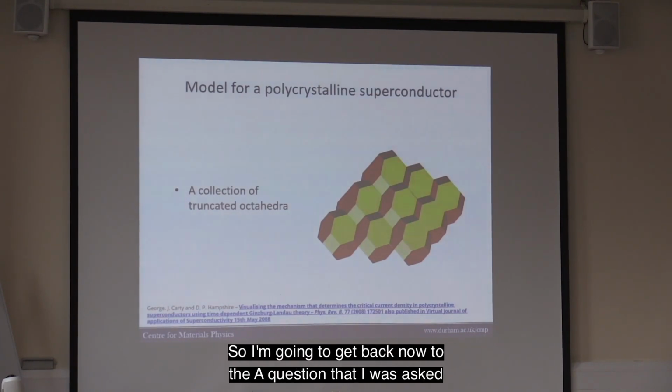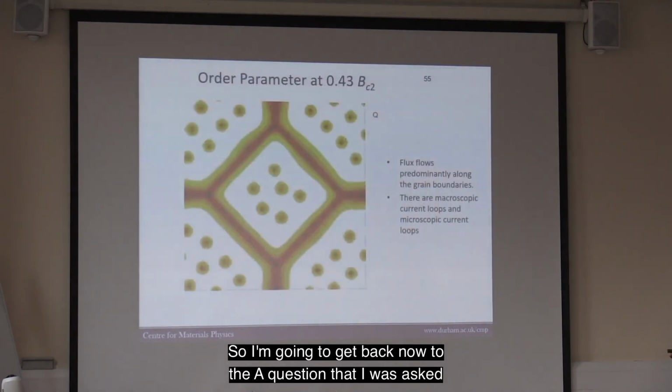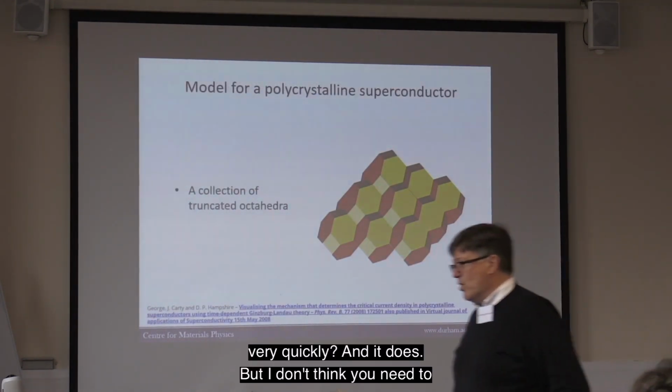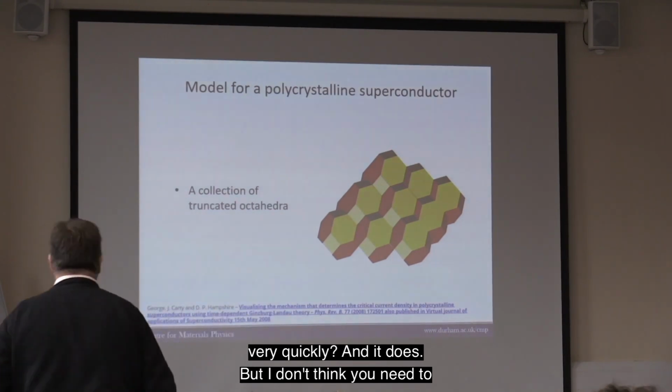All right, so I'm going to get back now to the question that I was asked before about, doesn't this all get complicated very quickly? And it does. But I don't think you need to understand that.